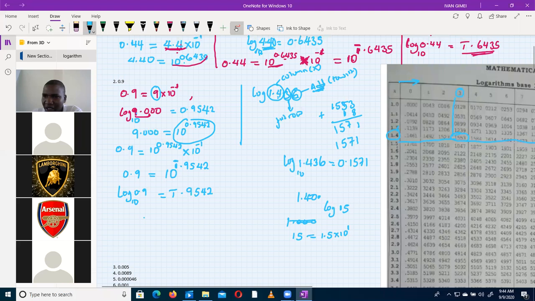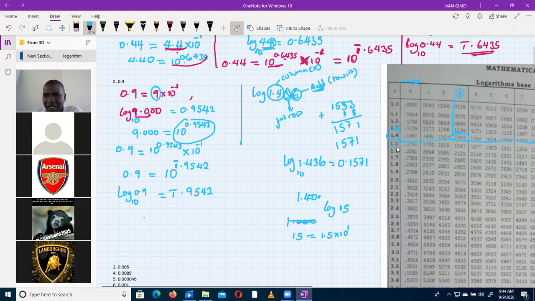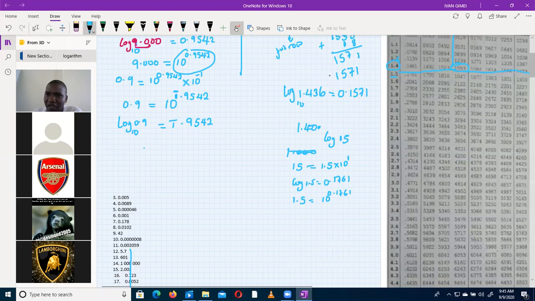The first two digits are here, 1.5 is here, and then the next one is not there, so it is 0. The logarithm of 1.5 is 0.1761, like that. That means that my 1.5 is equivalent to 10 to the power of 0.1761. But remember, we're not looking for the logarithm of 1.5, we're looking for the logarithm of 15.